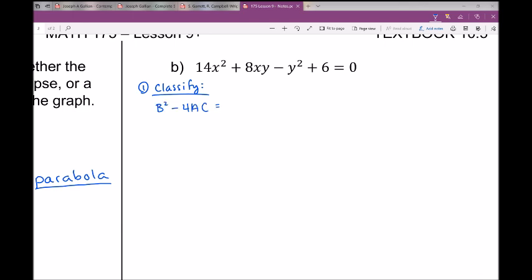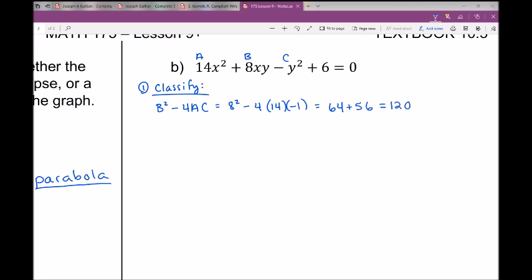Okay, so in this equation, b is 8, a is 14, and c is -1. So we have 8 squared minus 4 times 14 times -1, which is 64 plus 56, which gives us 120.